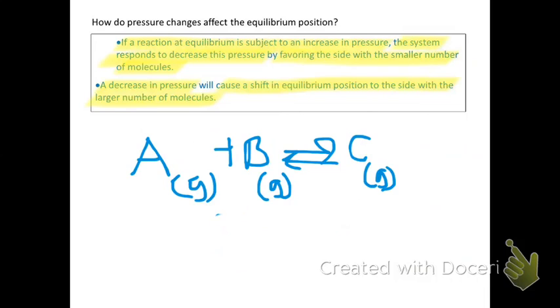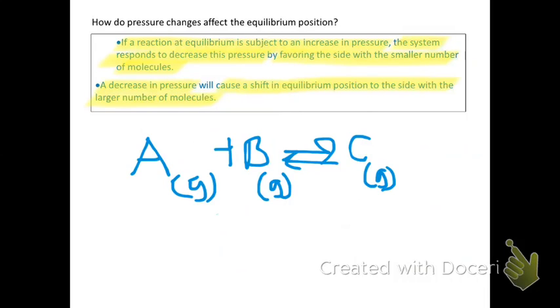So let's talk about this one more time. In this reaction, if I increase the pressure, the system wants to reduce it. So the equilibrium will shift to the right in order to reduce the number of molecules, which then reduces the pressure. Small number of molecules, small amount of pressure.